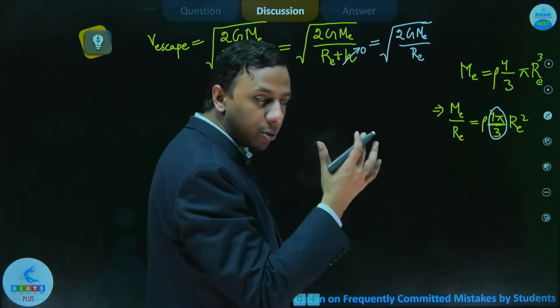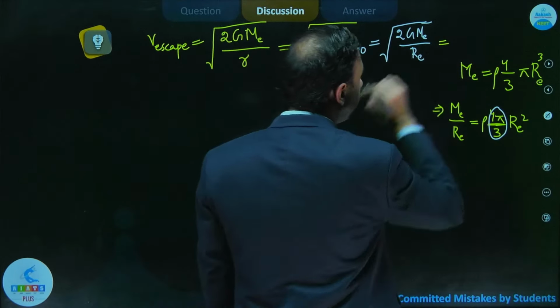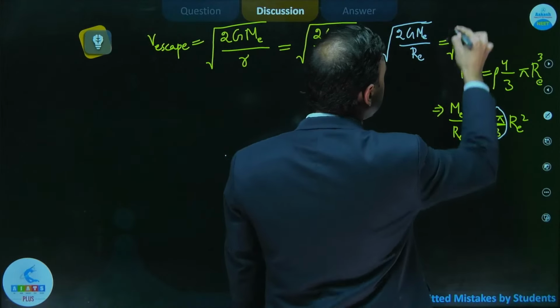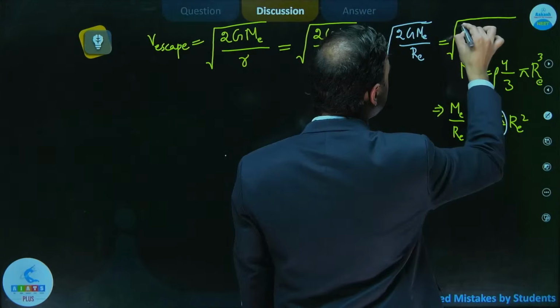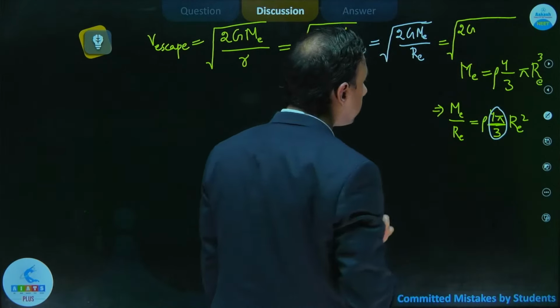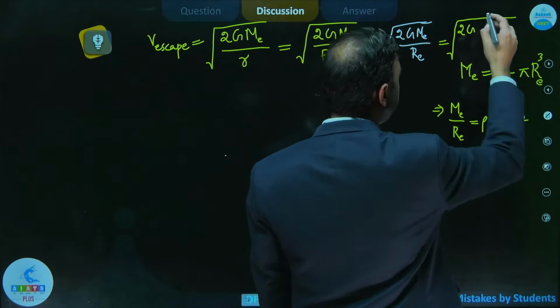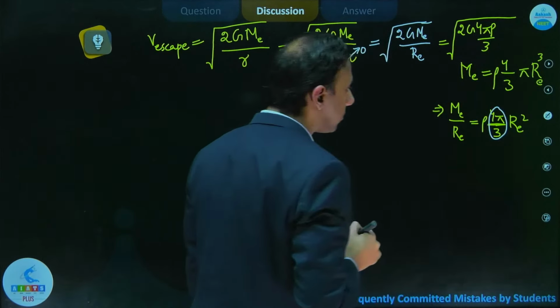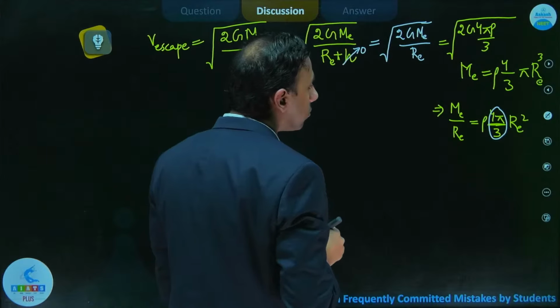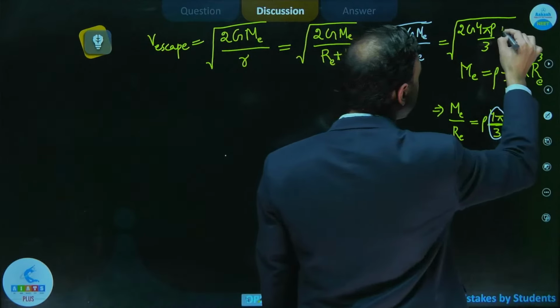If you want, I will write the full expression. Okay, so no problem in writing the full expression. 2G rho 4 pi by 3, that is 4 pi rho by 3 into Re square.